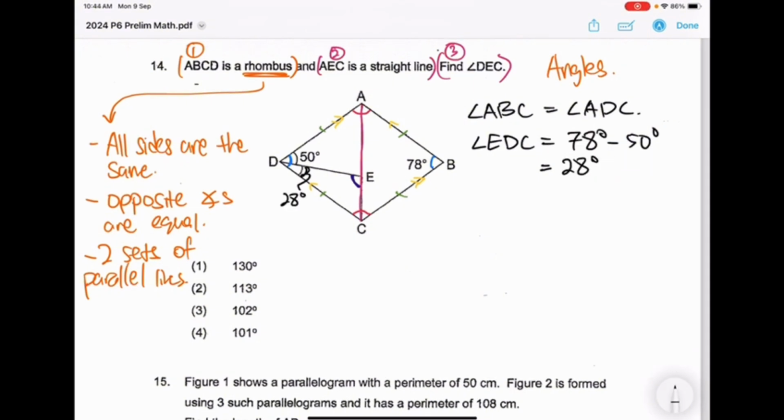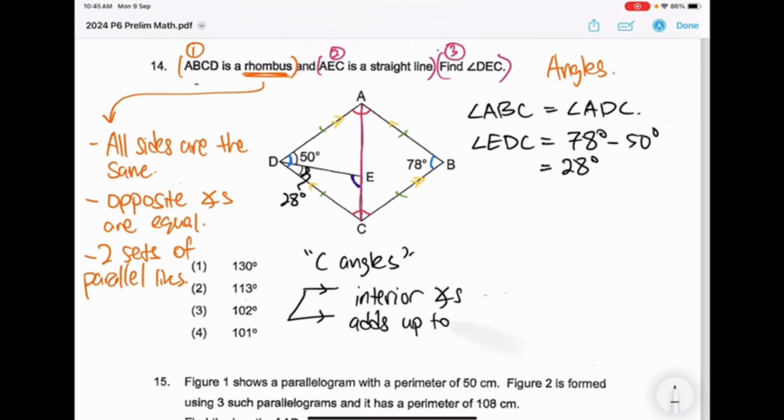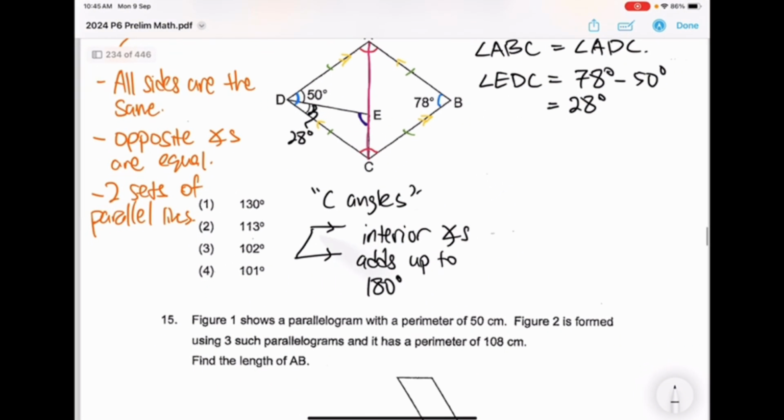Next, what do we want to do? I want to use something called C angles. What is C angles? C angles just tells me that when I have two sets of parallel lines, the interior angles add up to 180 degrees. So this angle over here and this angle over here will add up to 180 degrees.